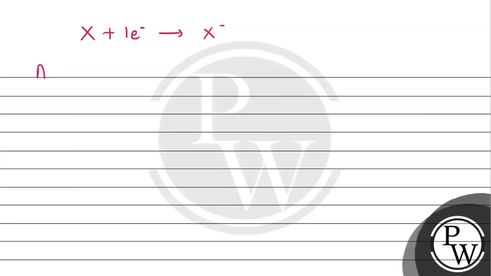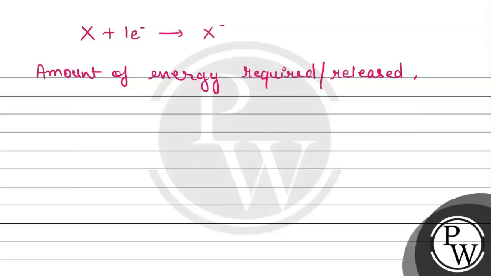Here we can write: the same amount of energy required or released when an electron is added to an atom. Now let us see the trend of this in groups and periods in the periodic table.